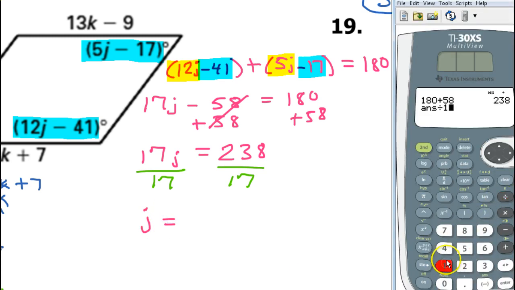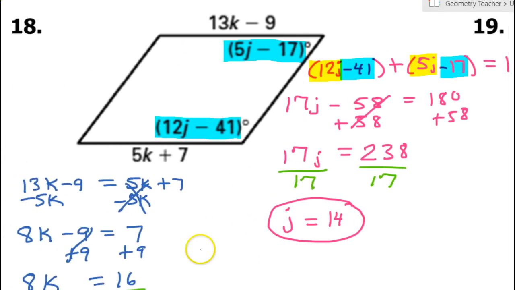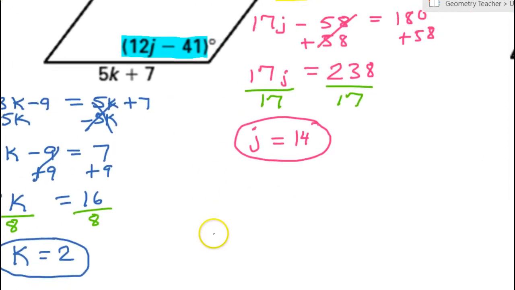So divided by 17, 14. Okay, so j is 14. So those are the two answers to number 18.